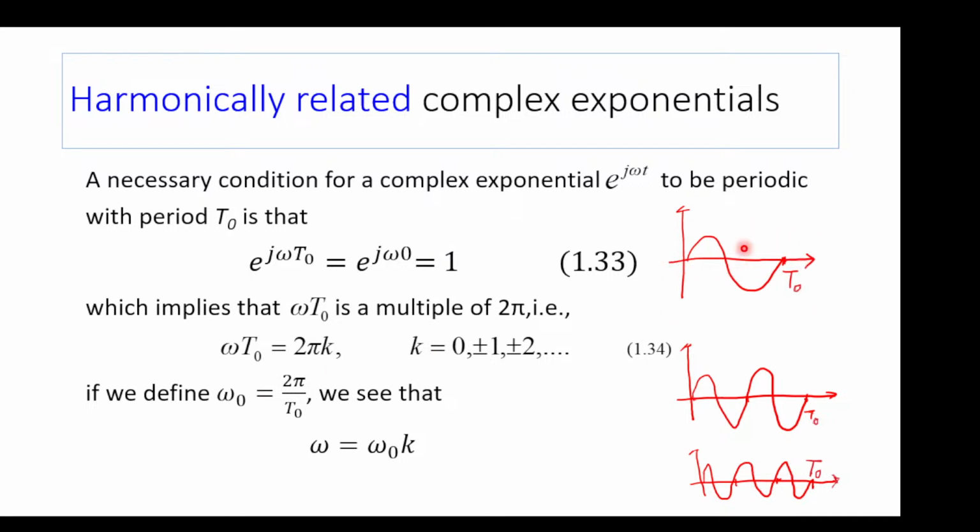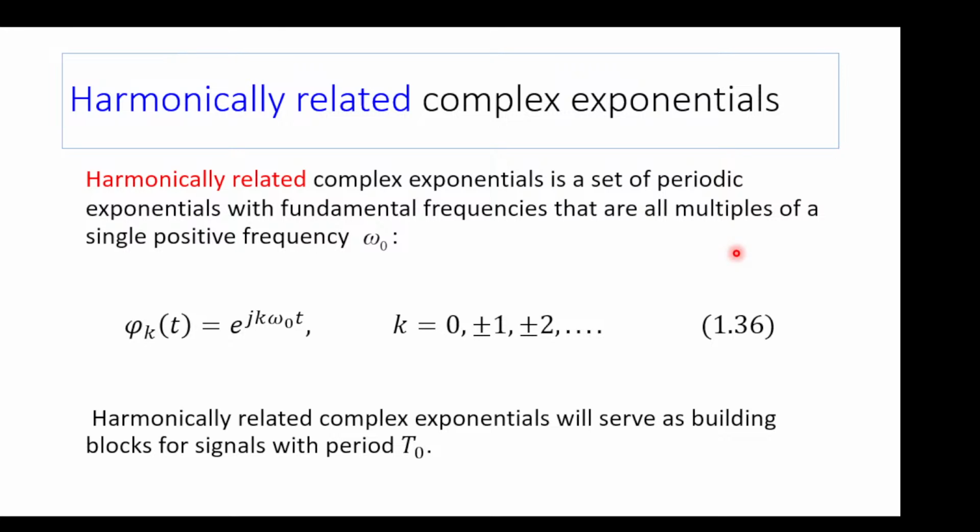And all those higher order harmonics have their frequency equal to an integer times omega naught. Something funny is you can also have negative integers, but you have these harmonics of your period T naught.